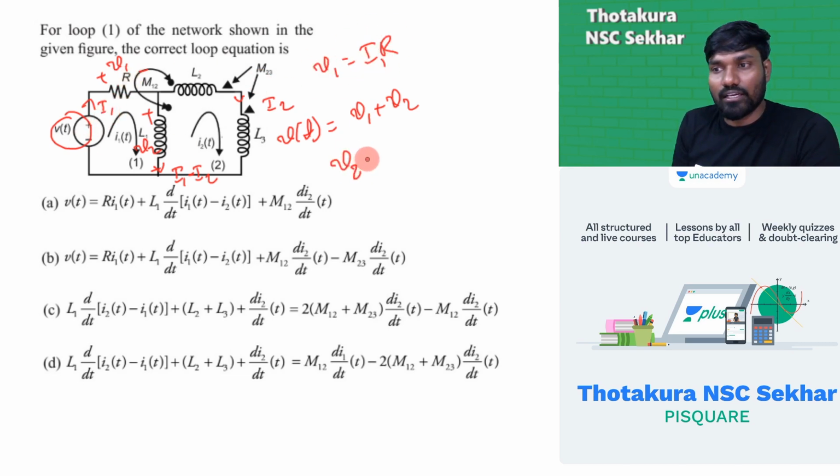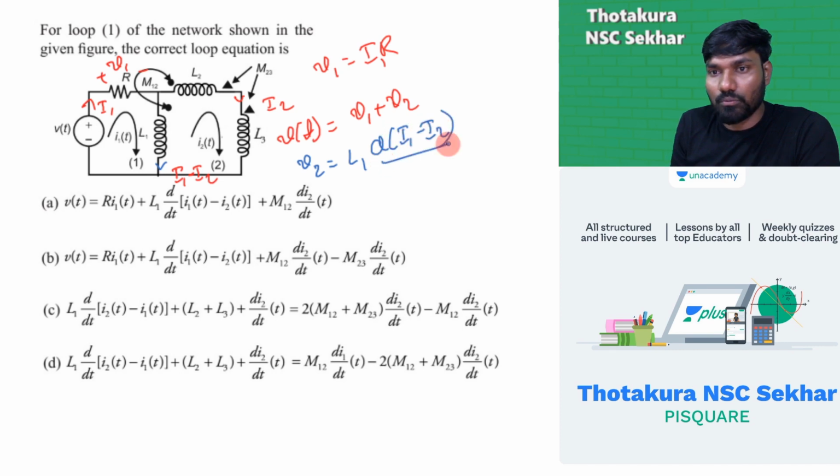Now you need to find V2 carefully. V2 is equal to the self-induced EMF. The current flowing in this, I told you, is I1 minus I2. Due to this, there will be self-induced EMF L1 into d(I1 minus I2) by dt. What is the coupling here? For M12, the type of coupling is plus.